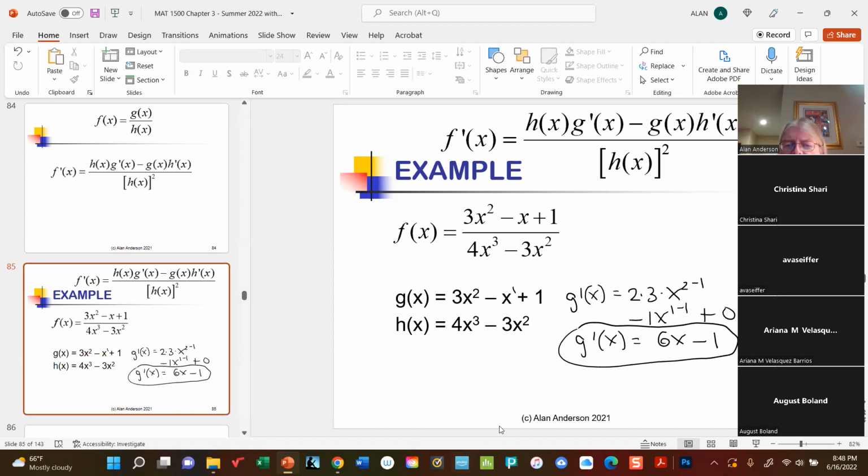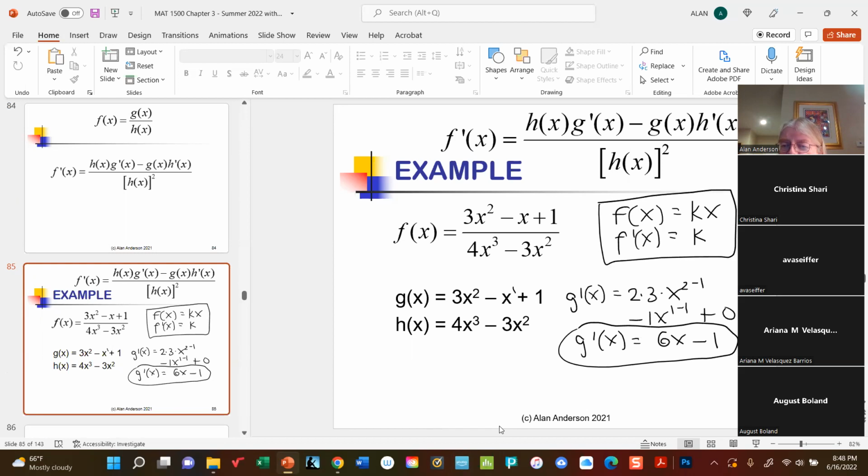So just in general, when you have something like this, if you notice here, we don't have an n. N is 1. N is implicitly equal to 1. So if you have a constant times x, the derivative is just the constant. Now for the h, we're going to apply the power rule twice.